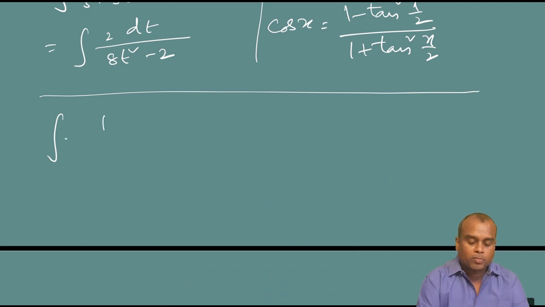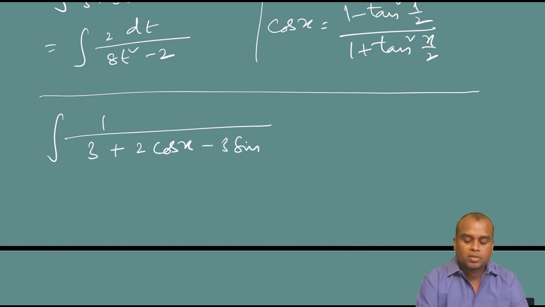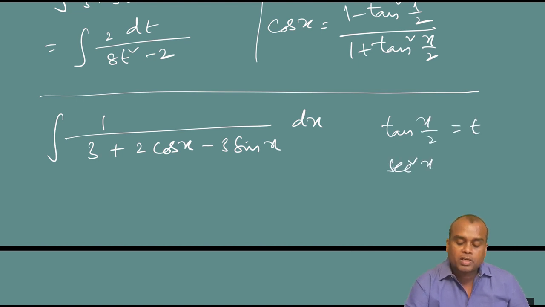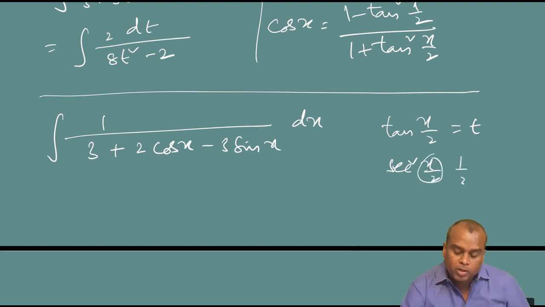Say 1 by 3 plus 2 cos x minus 3 sin x dx. So once again I make the substitution tan x by 2 is equal to t. So differentiating I get secant square x by 2 into its derivative, 1 by 2 dx is equal to dt.